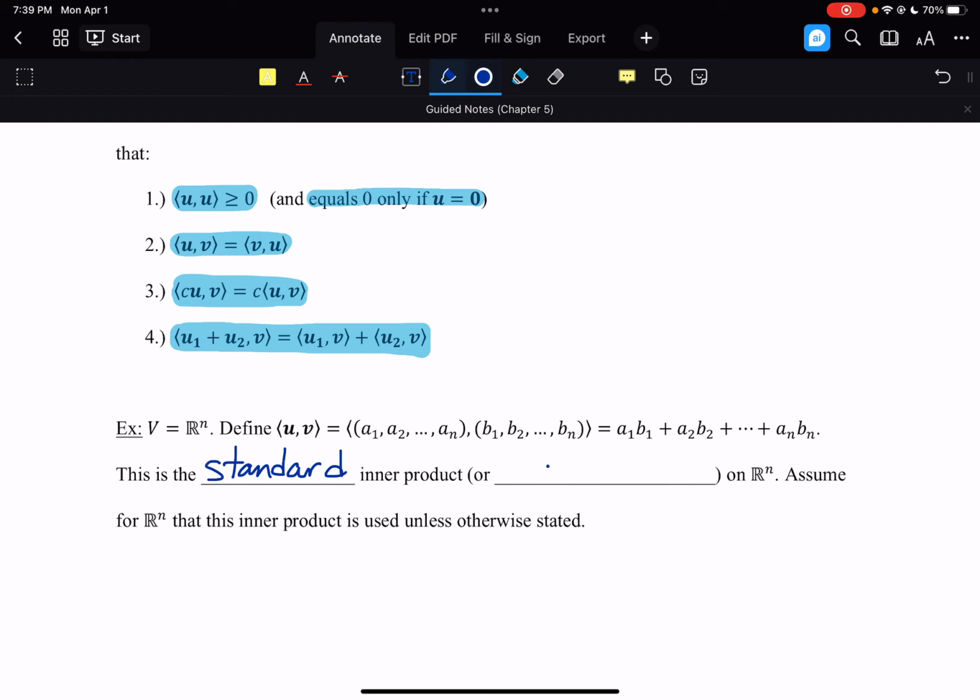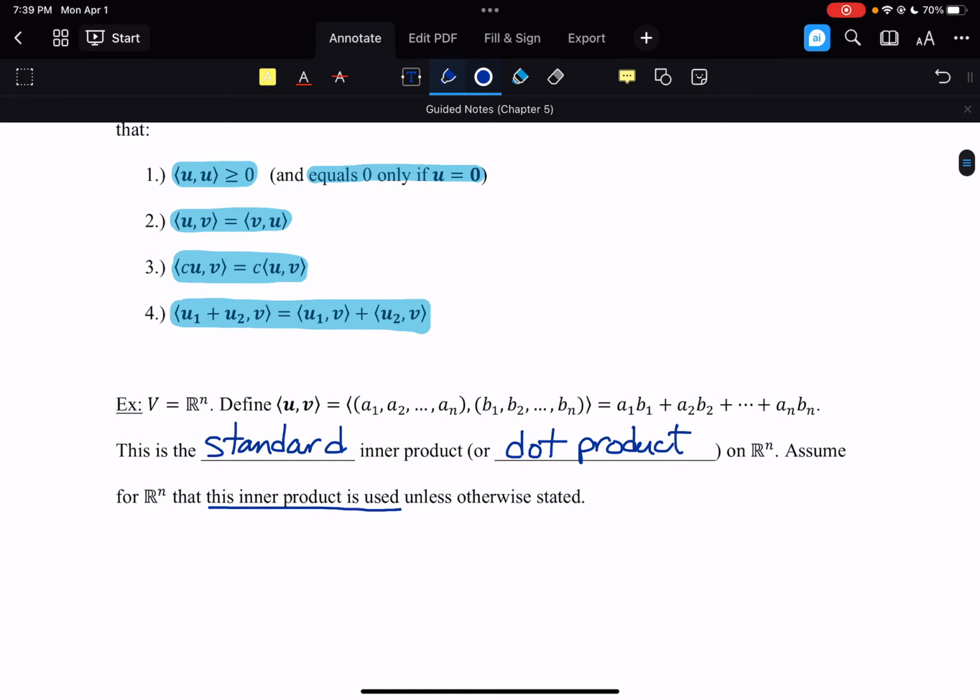This calculation was known as the dot product on Rn. So the dot product actually is a specific case of an inner product. A lot of times we will have these standard inner products that we like to use for a given vector space. This one is very common, so assume for Rn that this inner product is used unless otherwise stated. So if we're talking about taking an inner product on Rn, we should assume that they mean the dot product unless we say otherwise.